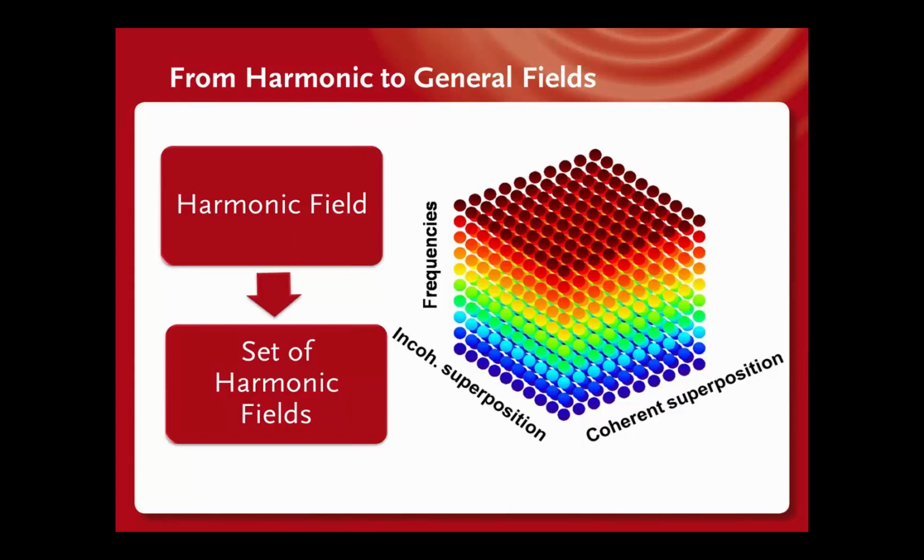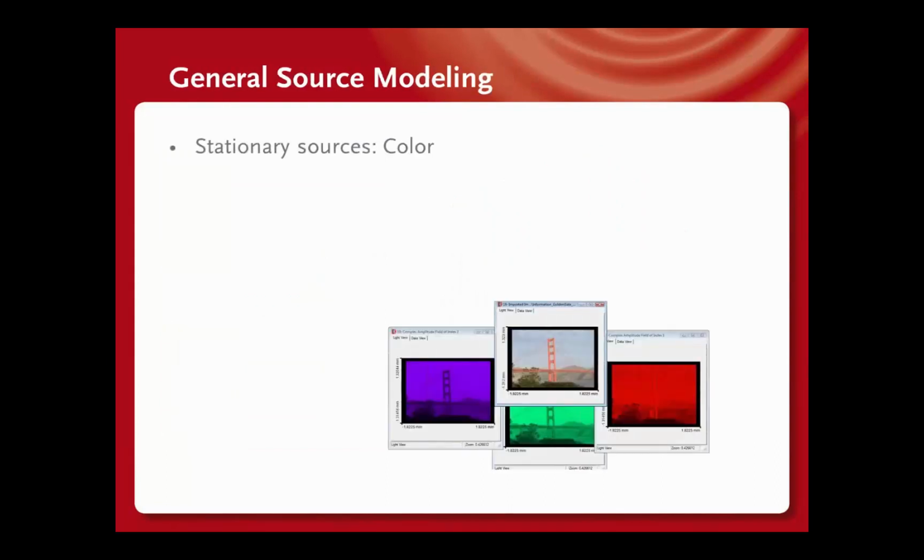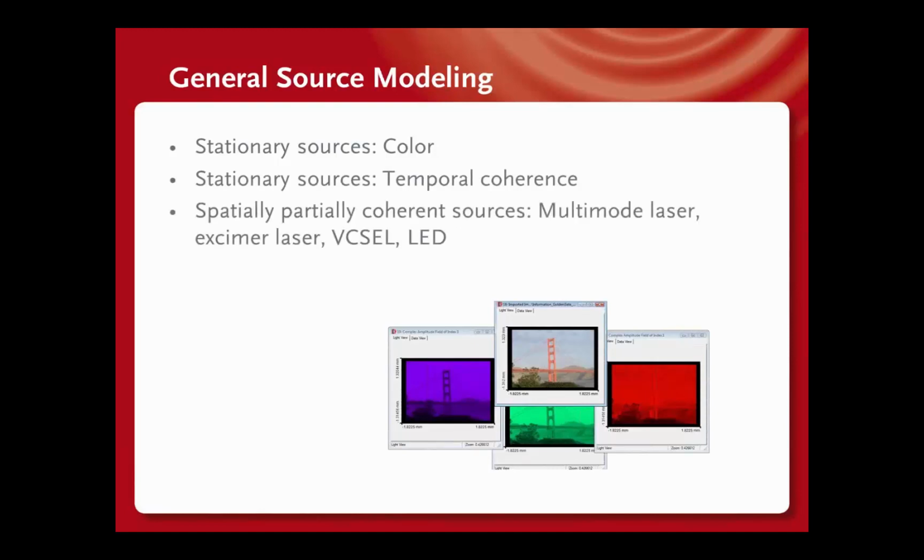But if we use a set of harmonic fields, we are able to model, for example, color distribution, stationary sources in color. We can simulate temporally partially coherent light. We can model spatially partially coherent sources as, for example, multimode lasers, Excimer lasers, VCSELs, and especially LED light.